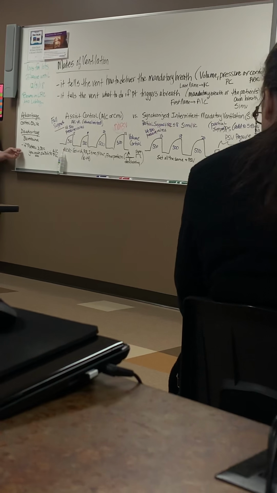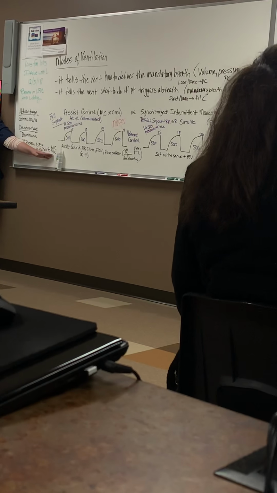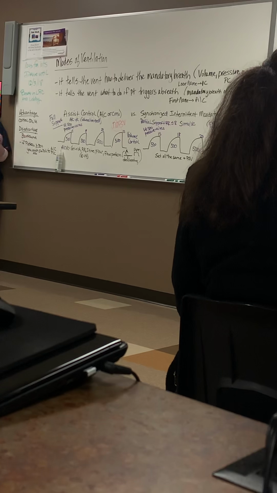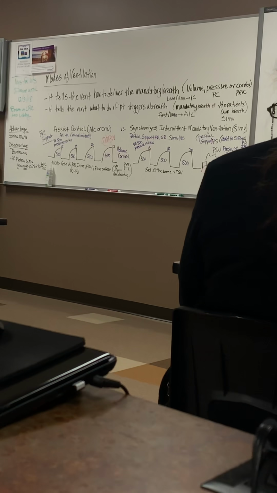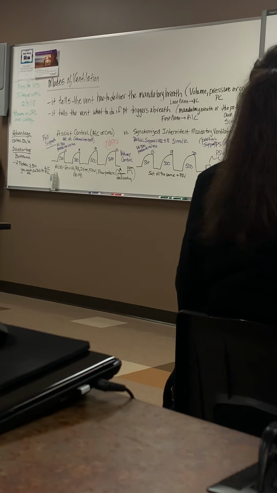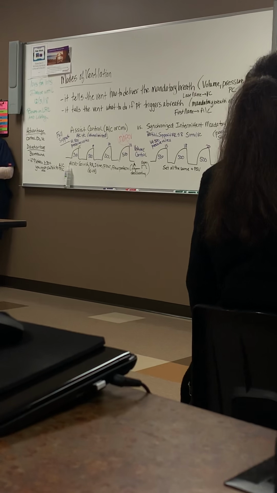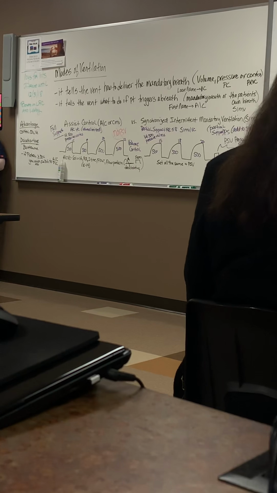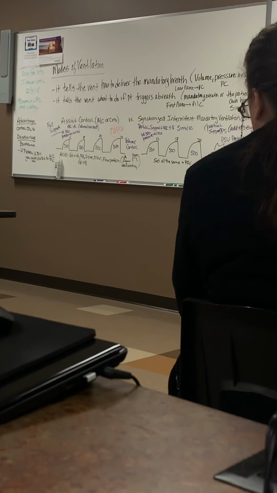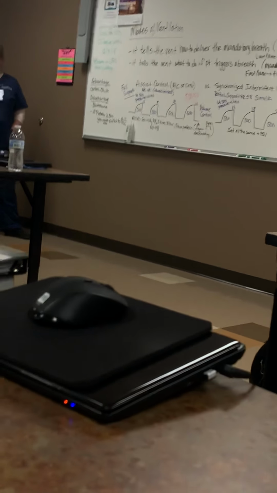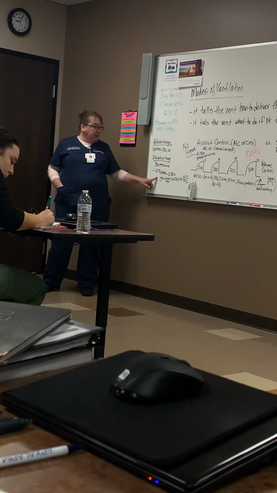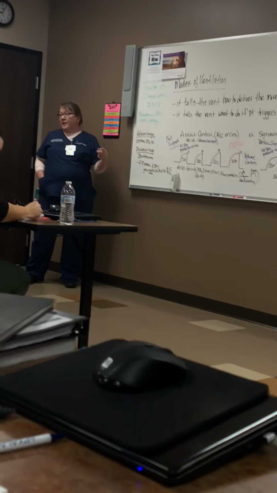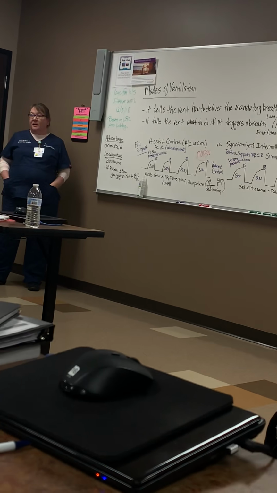We're now going to a mode where we control pressure and make sure we don't cause barotrauma. So if your plateau gets to 30, switch over to AC PC, because now we need to worry about protecting our patient's lungs.